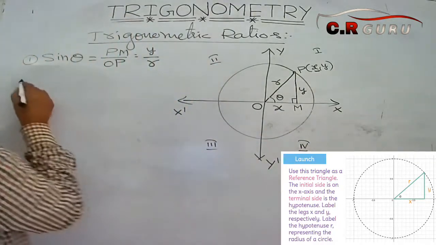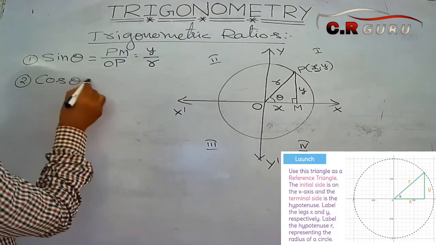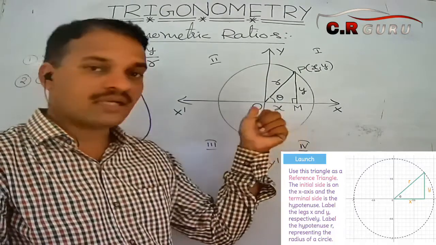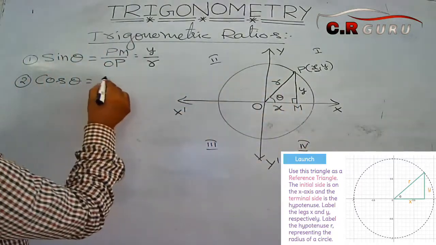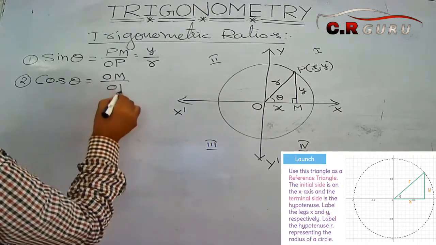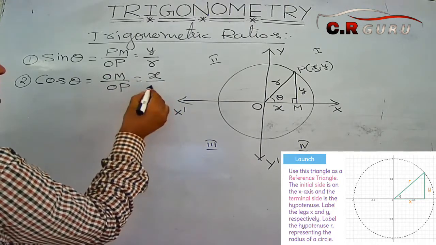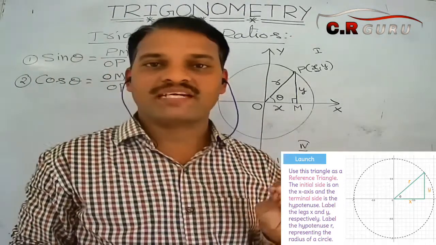Similarly, the second one is cos theta. Cos theta is equal to the acute angle's adjacent side to hypotenuse. That is OM by OP. What is OM? OM is x and OP is r. So the cos theta definition is x by r, my dear friends.